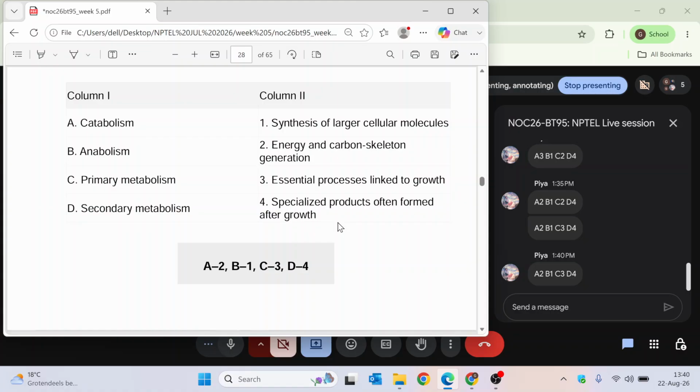And primary metabolism, we all know, is linked with the organism's growth itself. The products that are produced during the active growth phase are essential for microbial growth. These are primary metabolites, and the process is called primary metabolism. And when we talk about secondary metabolism, they are specialized products.